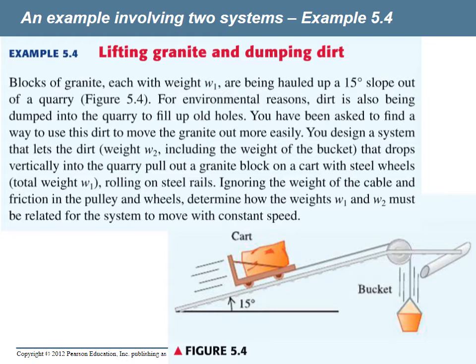So if we stick with our usual coordinate system, it might be a little difficult to interpret. So let's look at this a little differently than we looked at the last problem.